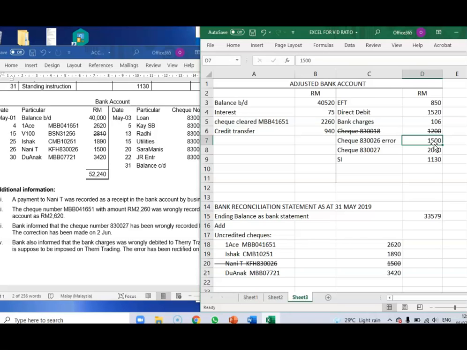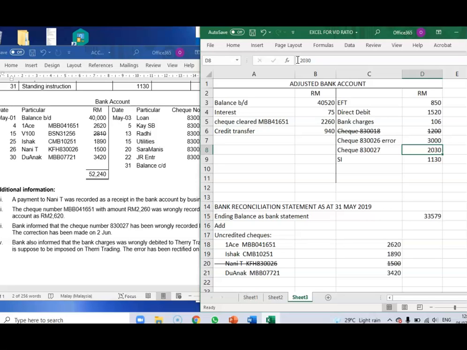So for this kind of error, you just double up the amount. 1,500 would become 3,000. Okay, that kind of error: if payment become receipt or receipt become payment, it is the complete reversal error.